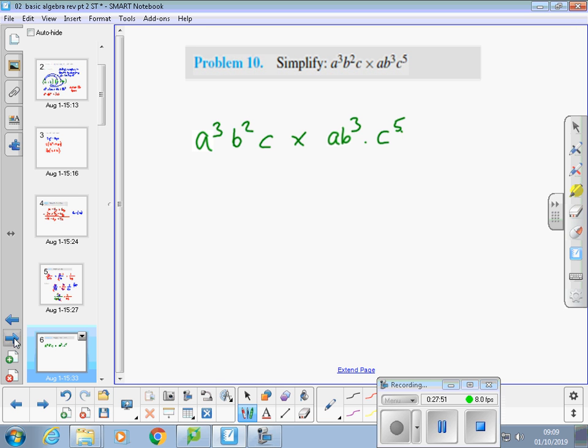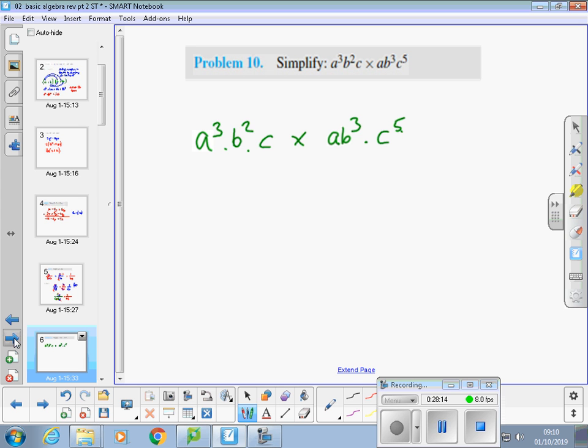What can we do? They're all multiplied. These 3 terms multiply together. No addition. Have you got that one? Yeah.